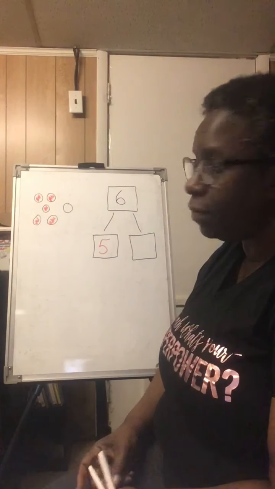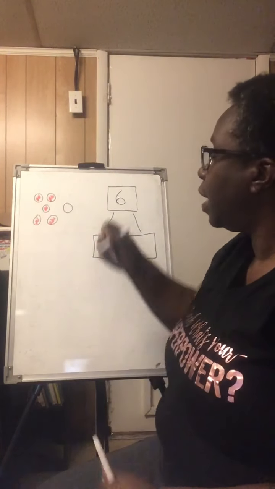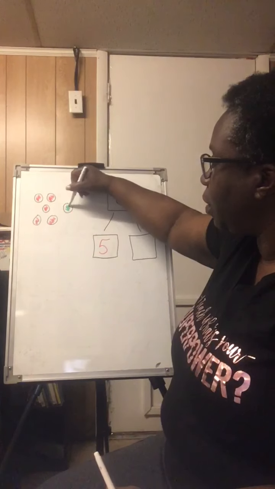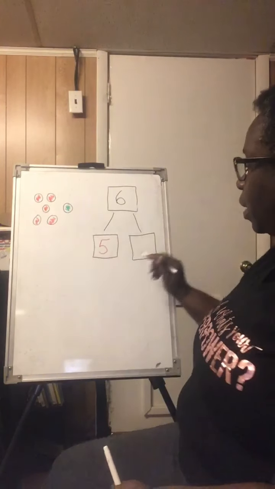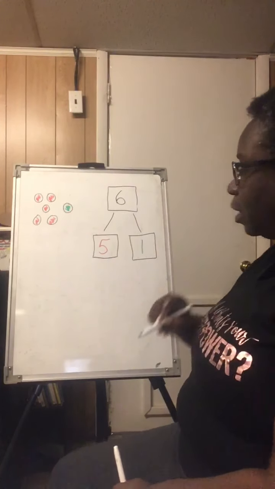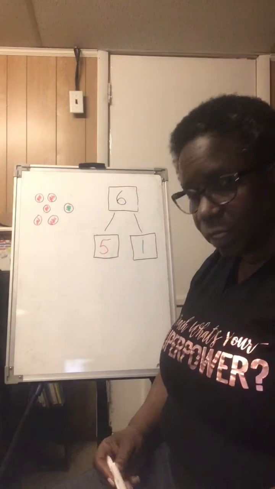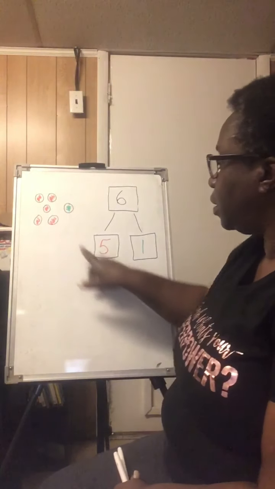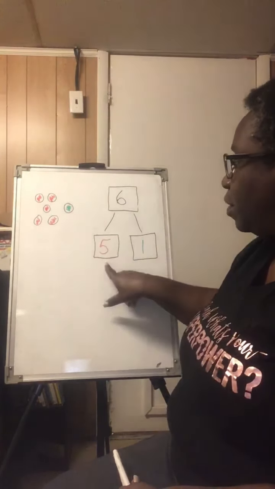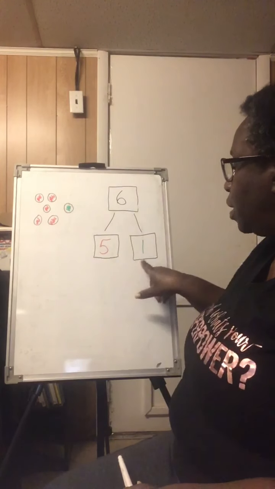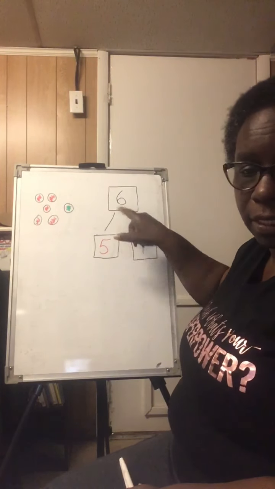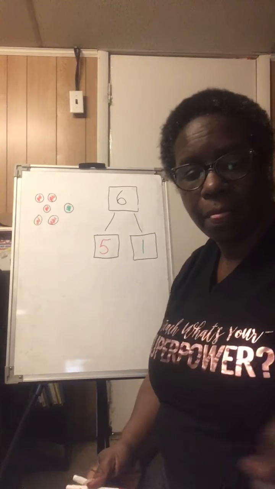So how many do I have left? I have 1. If I color that 1 green, that means that 1 is going to be a part, and it goes in the second block. So I have my 5 plus my 1, and when you add them together, you get your 6.